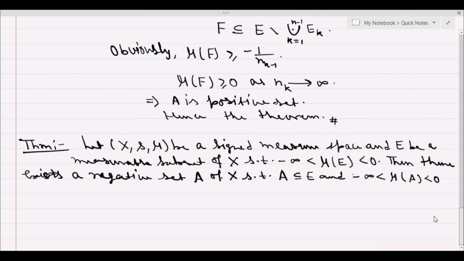This theorem guarantees the existence of negative set.